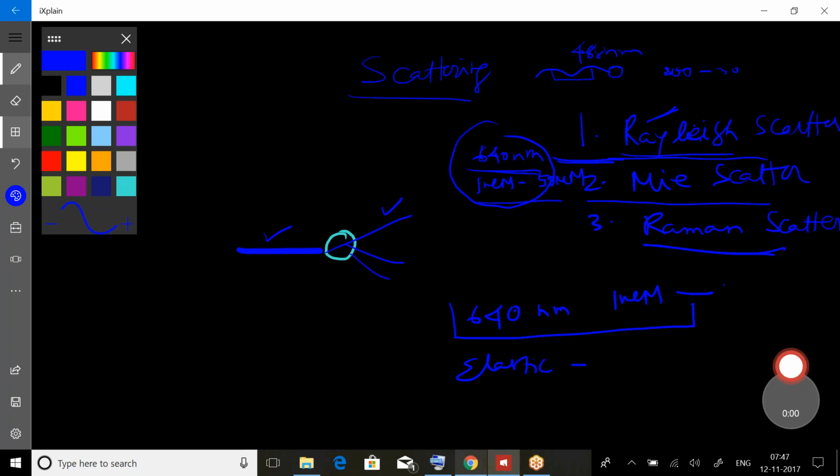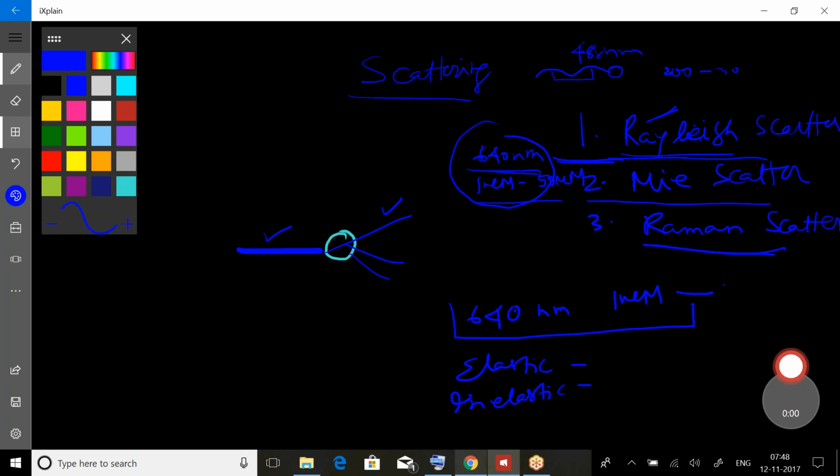The scattered light could have a higher or lower wavelength, depending on whether the molecule is losing energy or extracting energy from the photon. That is called inelastic scattering.